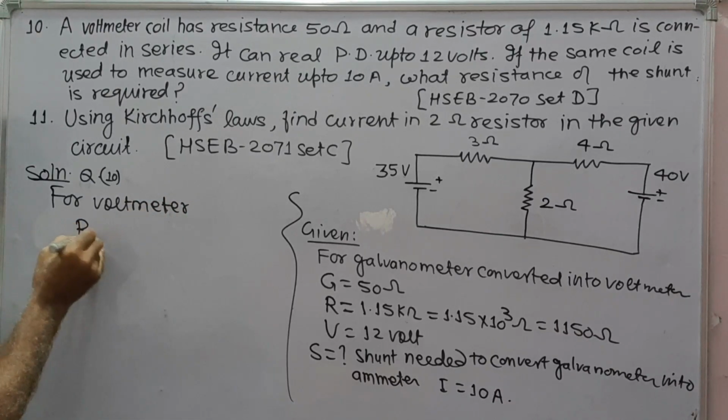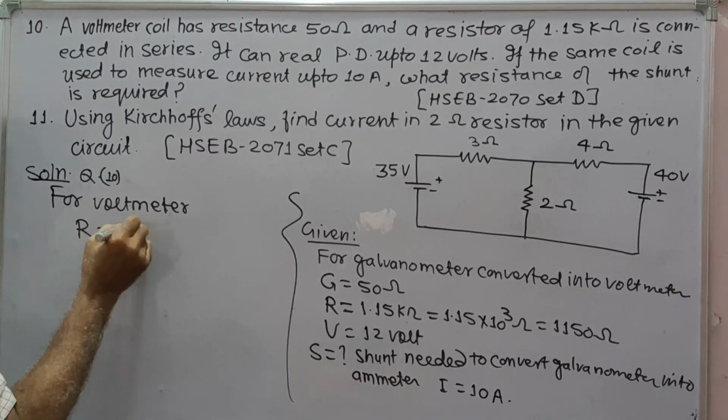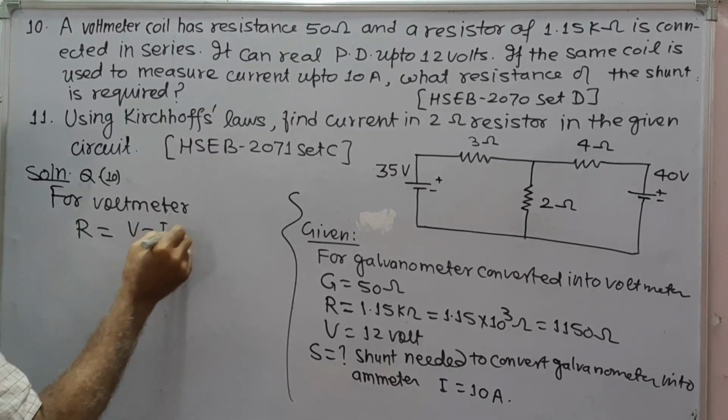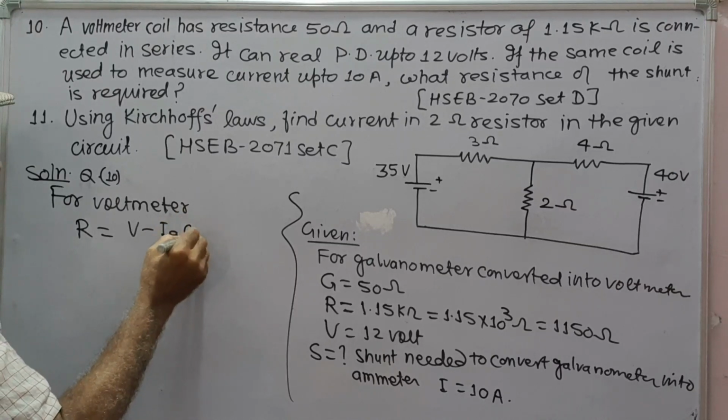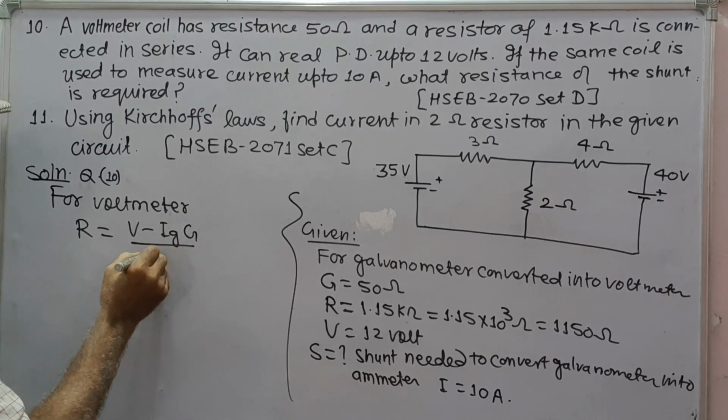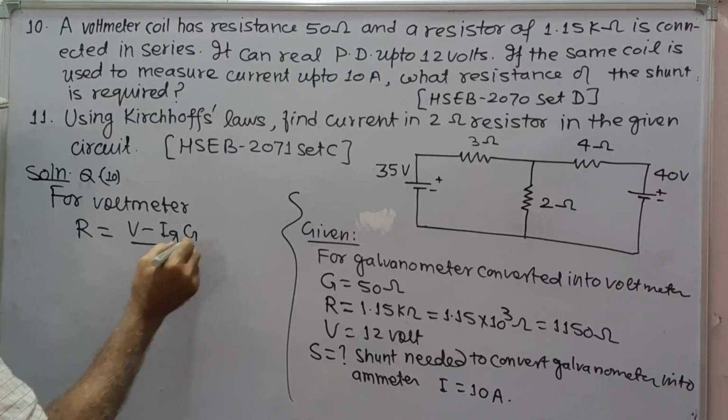Series resistance R is equal to B minus Ig into capital G upon Ig.